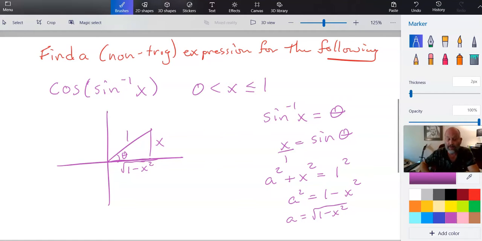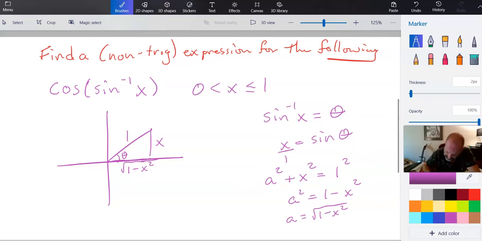Now that we have that value to put in here, we can compute any trig function we want. I could find tangent, cotangent, secant, cosecant, sine, cosine, and cosine is what we're after. So let's look at what cosine of this angle would be. Cosine of theta would be the adjacent side over the hypotenuse.